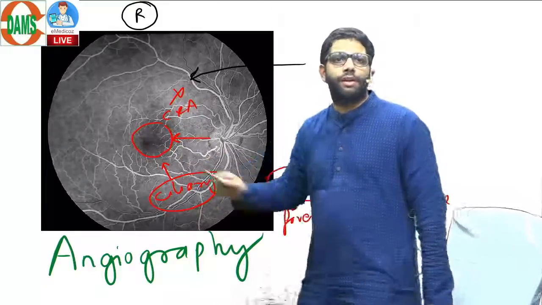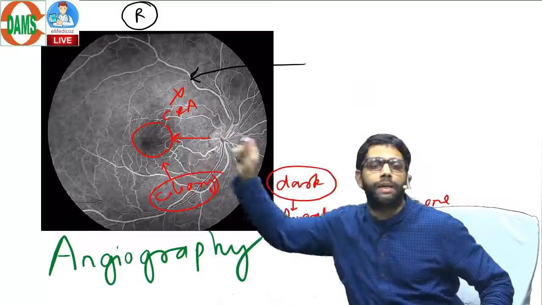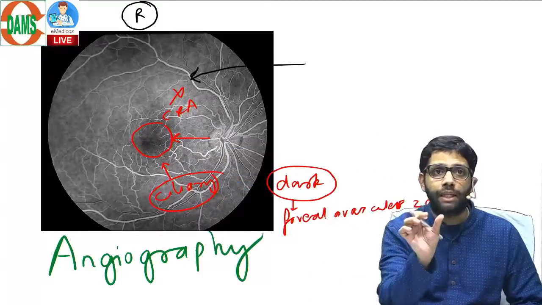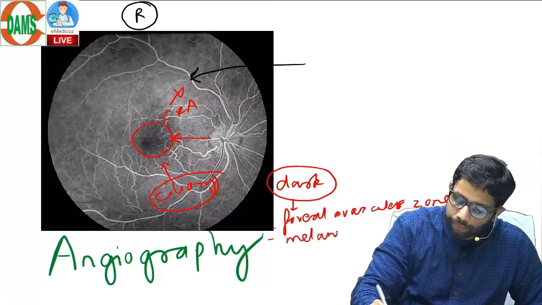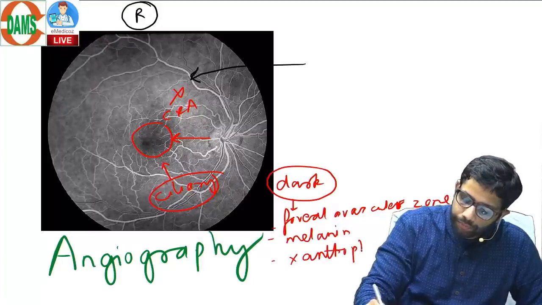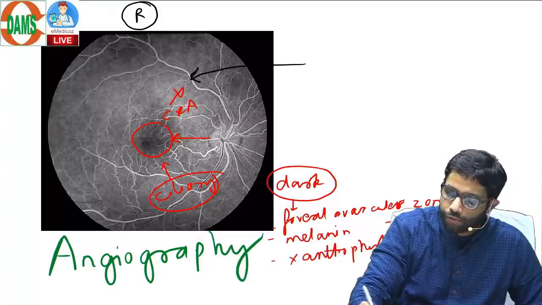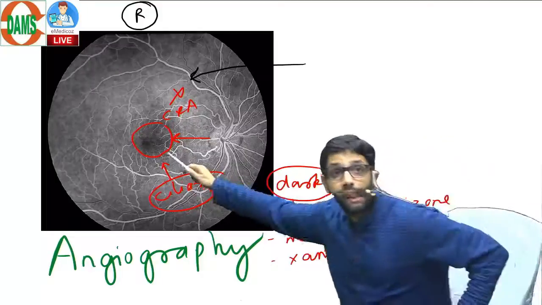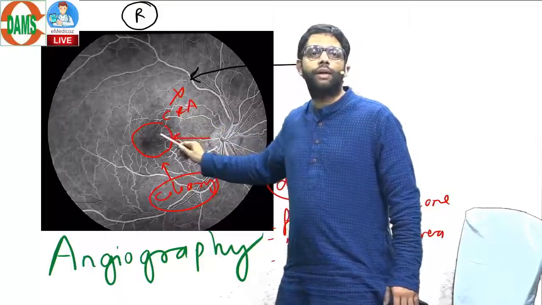Because I told you there is heavy pigment. The retinal pigment epithelium has melanin pigment, and xanthophyll pigment. So because of high pigment concentration at the fovea and foveola, the dye which is present behind the fovea, foveola, and the choroid is not visible.